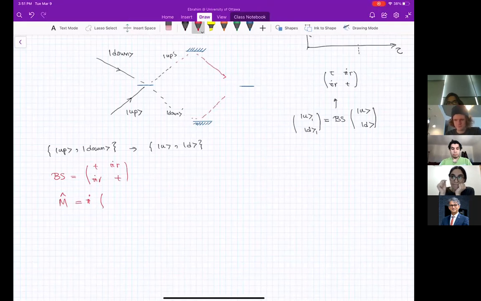Because I have to write it in terms of operators, right? Like 0, 1, 1, 0. I guess it's the X. Can I write it in terms of Z, in this way? The Z, probably. Yeah. Can I write it in this way?